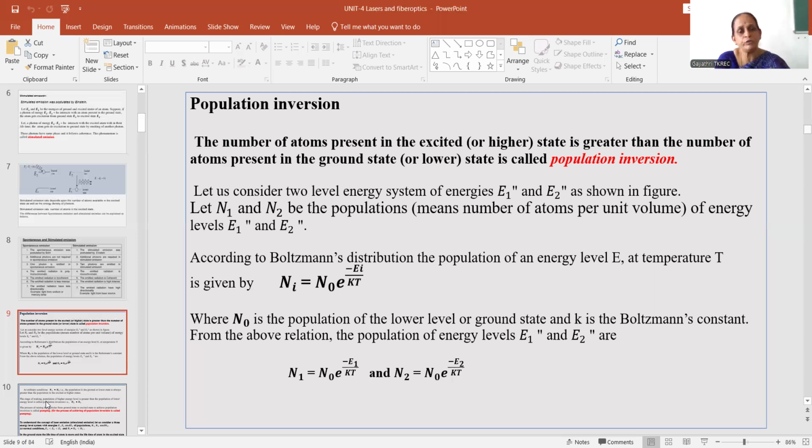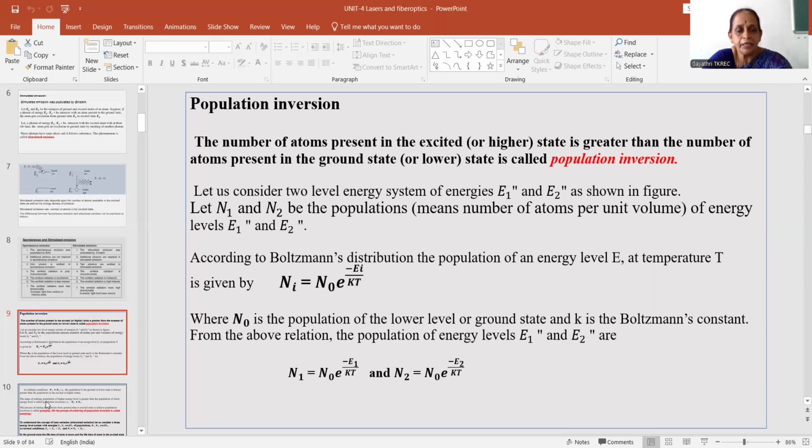So in order to achieve that, we want more number of atoms to be present in the higher state than in the ground state. But generally ground state atoms will be more compared to higher energy state.